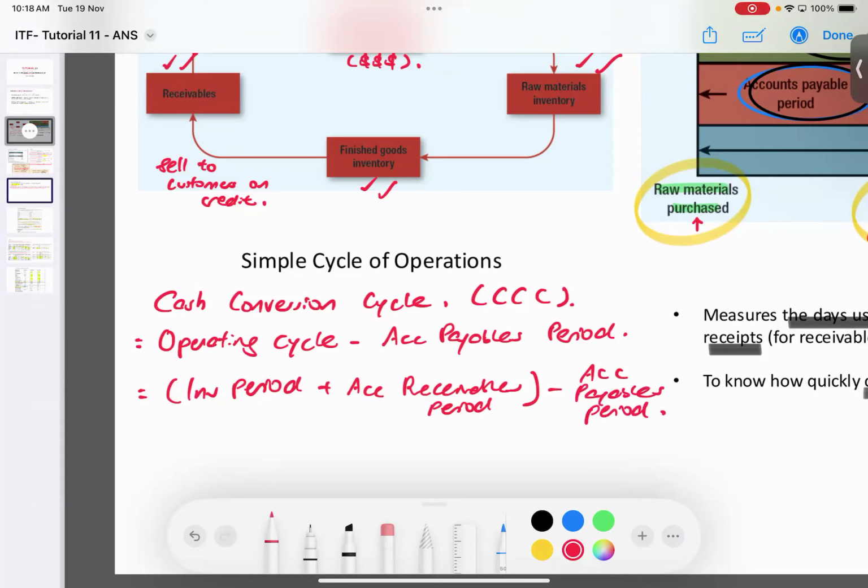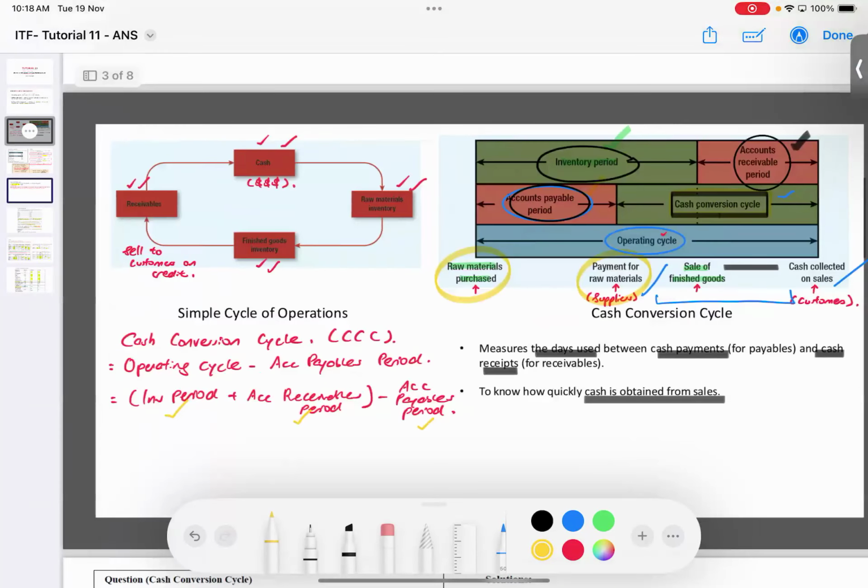So you have three components, three pieces of information you need in order to calculate the cash conversion cycle itself. This is the formula that you need to know.